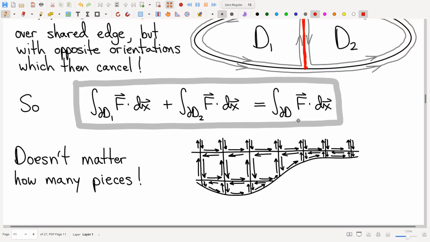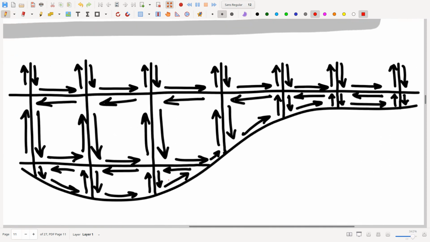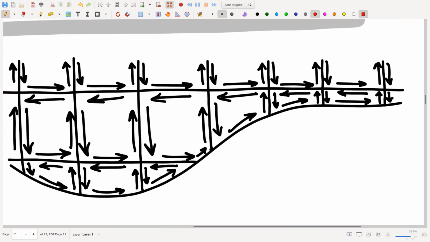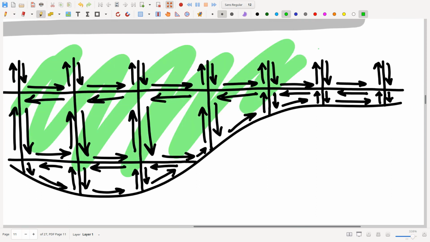And so it doesn't matter how many times you cut it, this same sort of cancellation is going to happen. So for example, supposing that I've got all of this area and of course more, and I'm just focusing in on the part near the bottom, but a large region of area, and I cut it up into a bazillion little pieces.